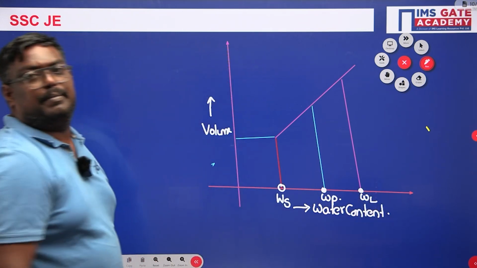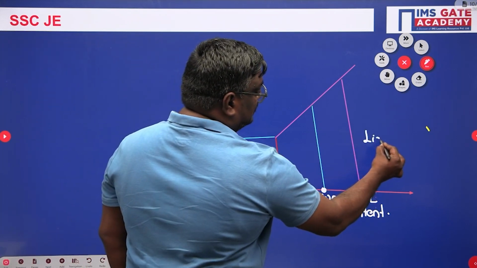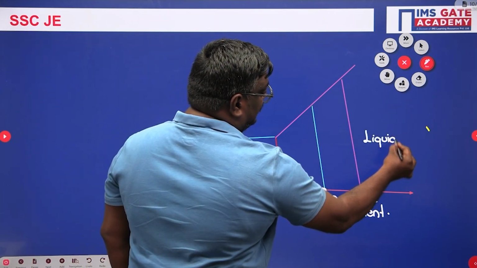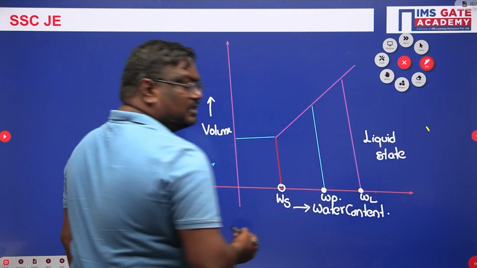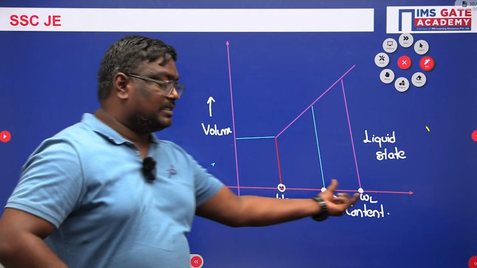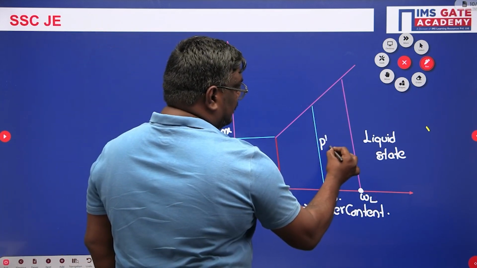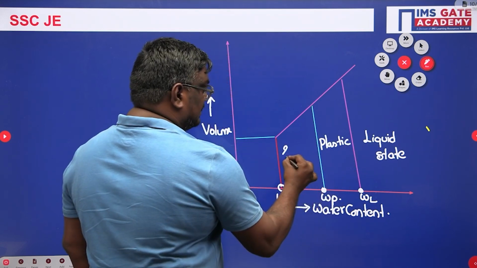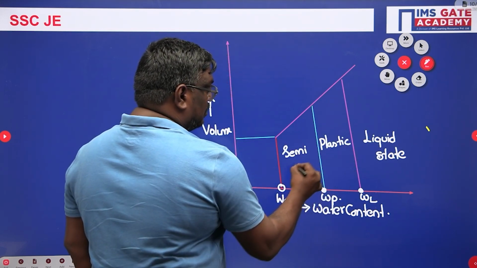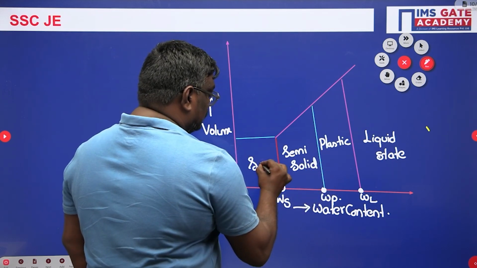This is the liquid limit. Agree, students? If it is more than the liquid limit, we call it the liquid state. Between plastic limit and liquid limit, we call it the plastic state. Between shrinkage limit and plastic limit, it is semi-solid. And below the shrinkage limit, you can say it is solid.